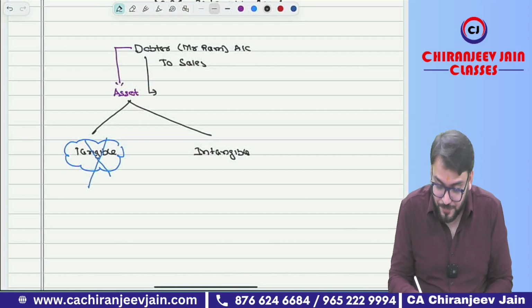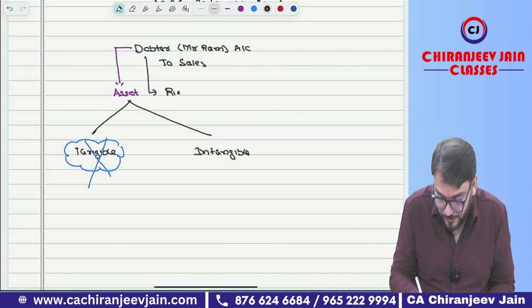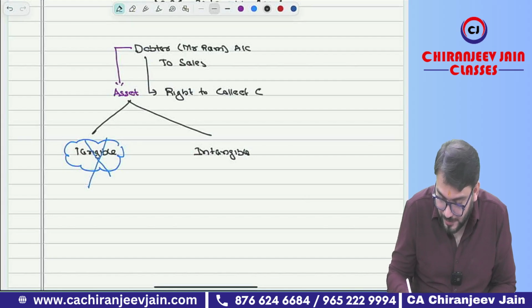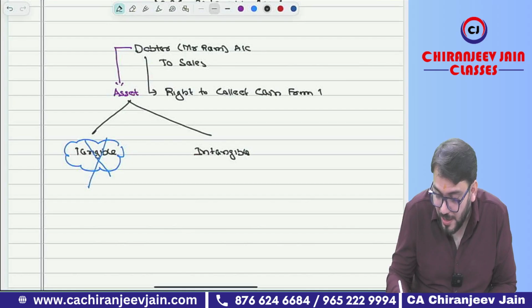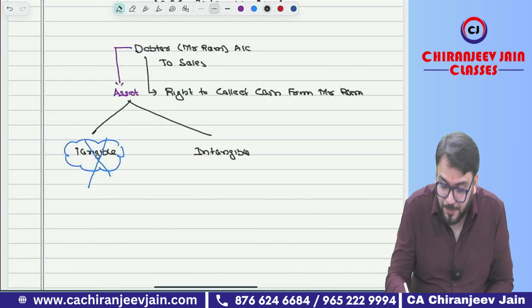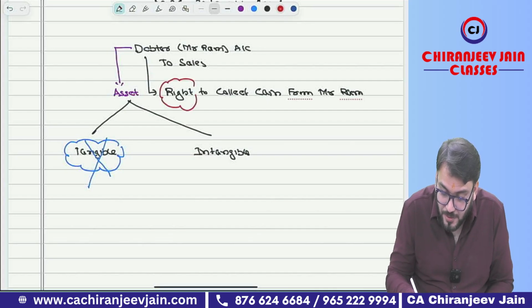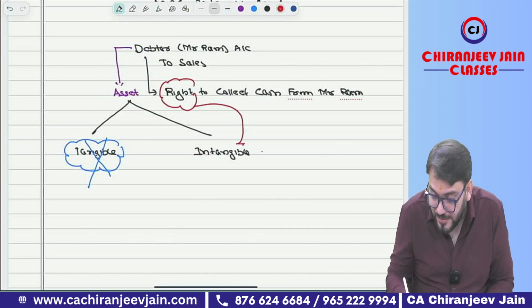So debtor means we have a right to collect cash from Mr. Ram. So debtor represents a right, and that right is an intangible item.